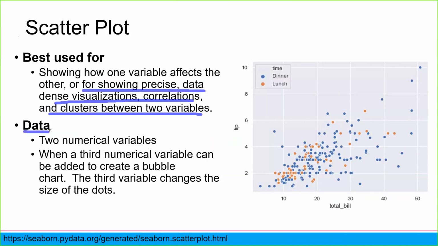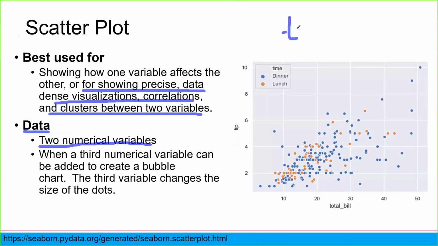And mostly the data are two numerical variables. So we already saw from Orange, we want to plot the petal length and the petal width. Those two are numerical. In this case, we will check more data about this one.